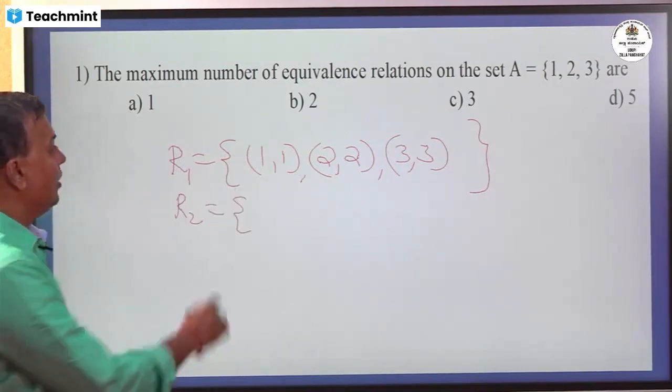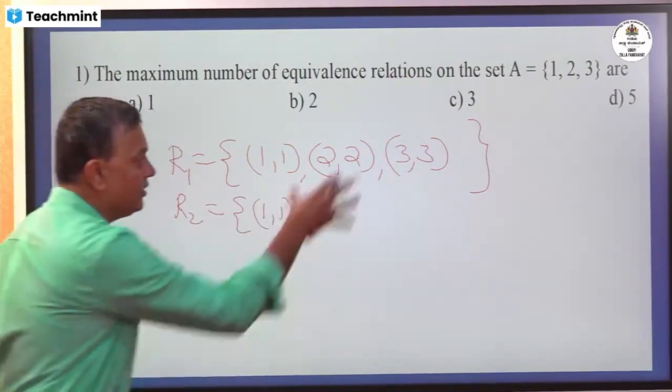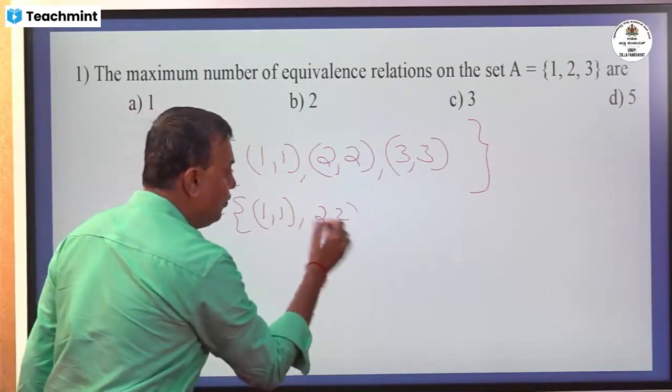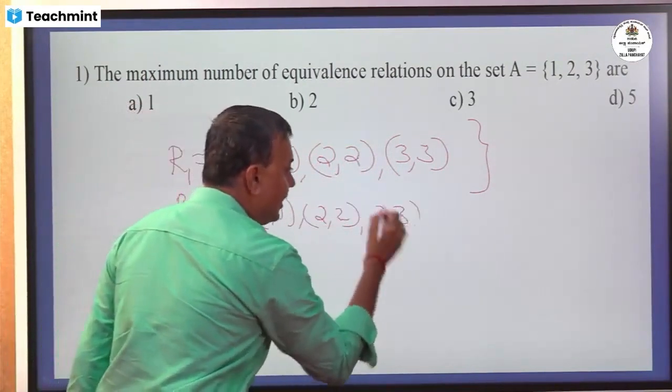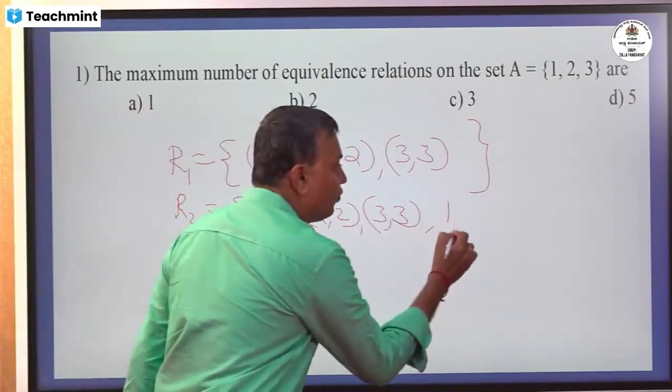Here (1, 1), (2, 2), (3, 3) must be there in all the next equivalence relations. Then take the next ordered pair (1, 2).